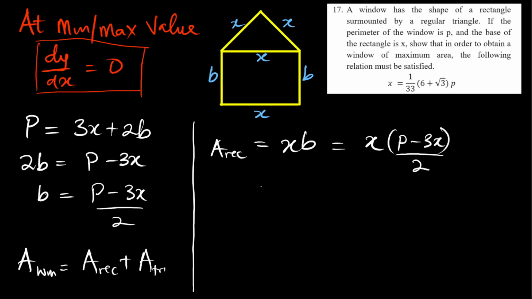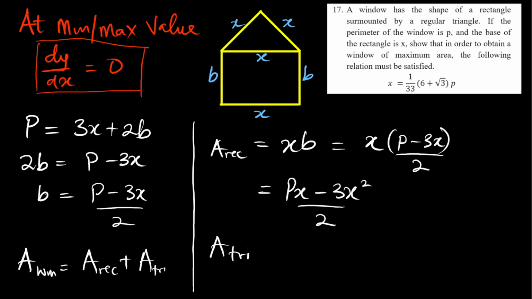And if I open this bracket, I'm going to have PX minus 3X squared all over 2. Okay, so that's the area of the rectangle. Now let's go on and find the area of the triangle.